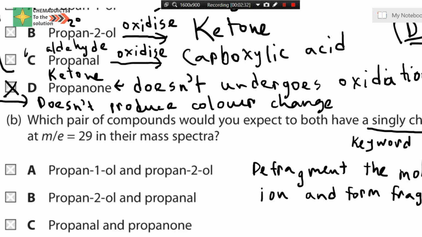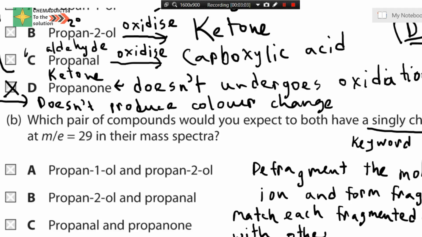So what we gonna do with these fragmented ions? We gonna match each fragmented molecule with other and find their mass number.